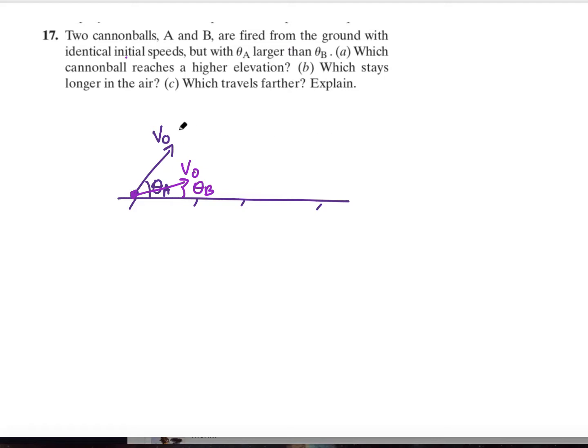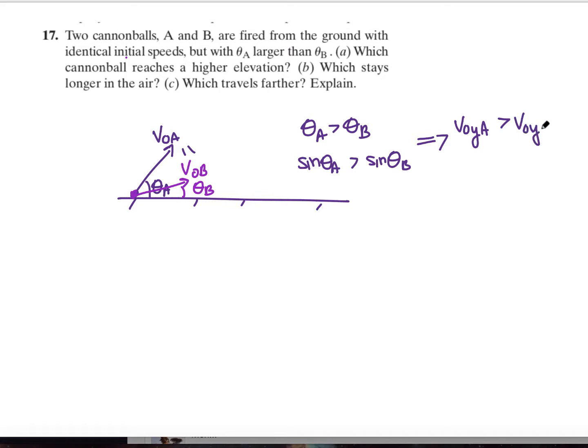So for A, this is V naught A, and this is V naught B. If theta A is bigger than theta B, then that means that the sine of theta A is going to be bigger than the sine of theta B. Since they have the exact same speed, we can conclude that the V naught in the y direction for A has to be greater than the V naught in the y direction for B, because V naught y in both cases is going to be equal to whatever the V naught is times the sine of that angle.